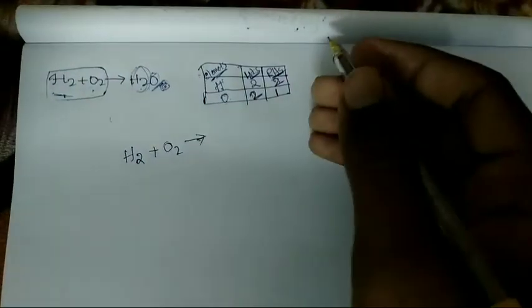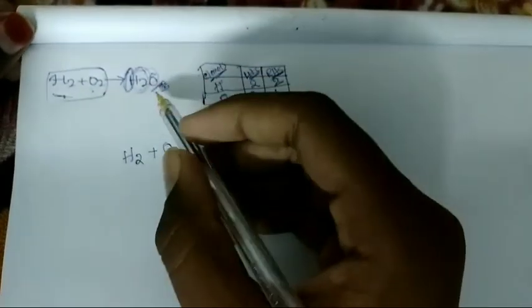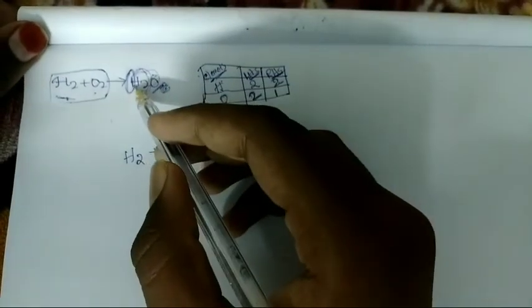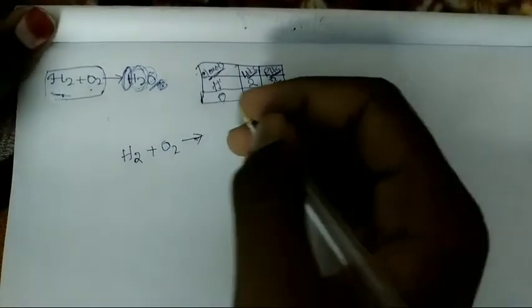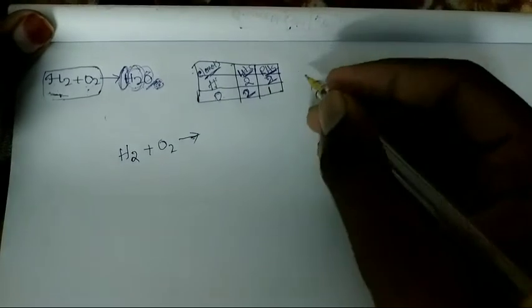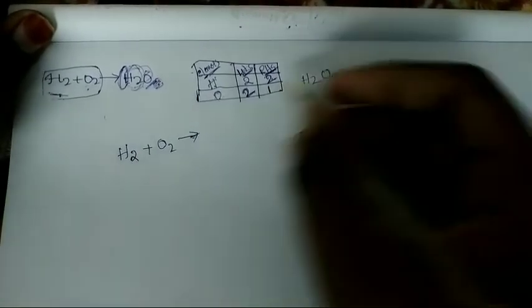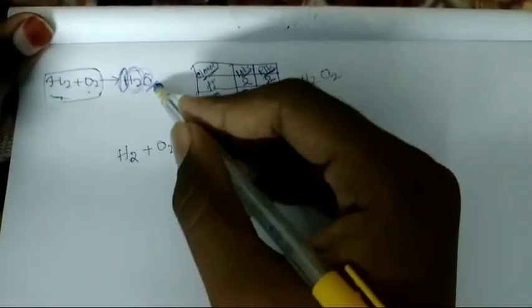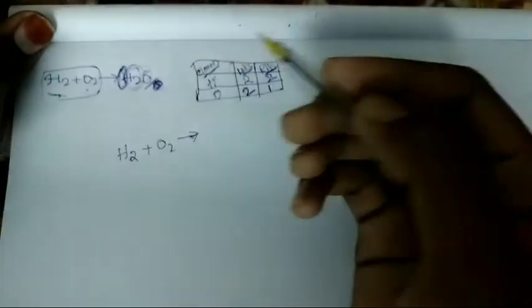You can only add a 2 as a multiplier on the main side, before the H or oxygen formula. If you don't know how to balance the equation, you might say you can write 2 here and the equation is balanced. No, you should not say like that. You cannot write 2 here. You should write only 2 here if you want.